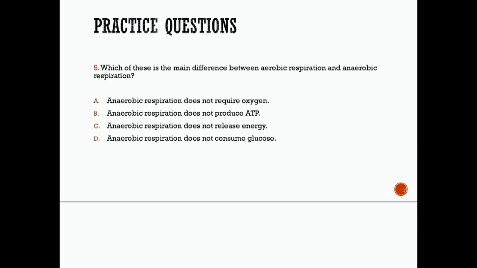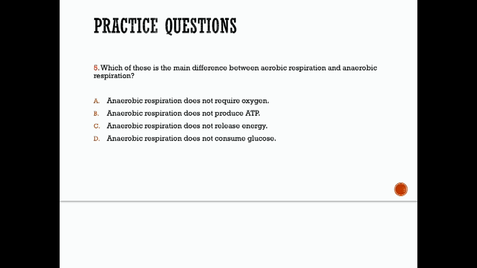On to number 5. Which of these is the main difference between aerobic respiration and anaerobic respiration? So go ahead and pause this and look at your choices. Okay, aerobic respiration cannot occur without oxygen. Aerobic respiration has to have oxygen. Remember, we talked about doing aerobics and breathing in oxygen, and that's how I remember it.